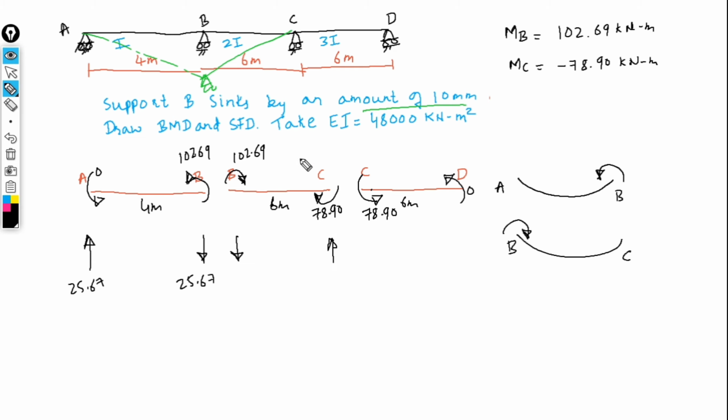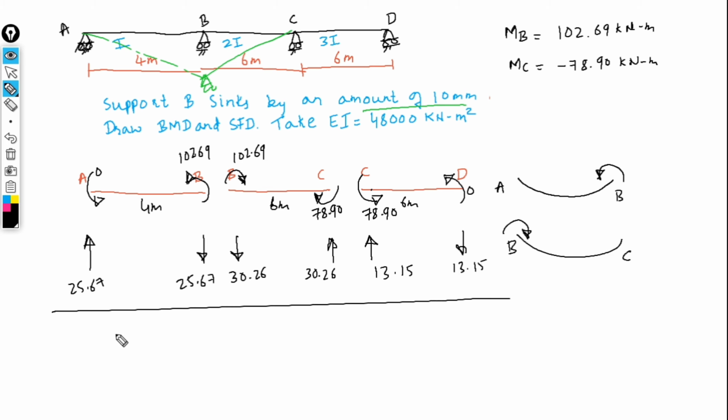Addition of end moments divided by span, you are getting 30.26. Here the direction of the maximum end moment is anti-clockwise, that is 78.90, the reaction should be clockwise. Difference of moment divided by span, here you are getting 13.15.